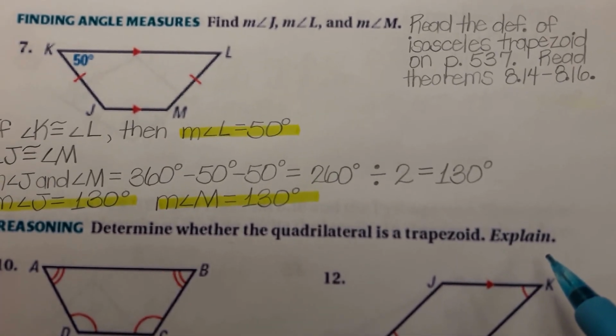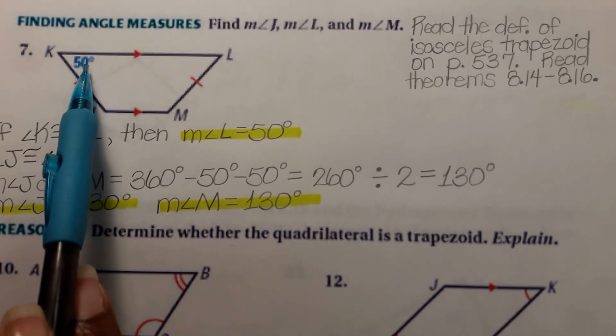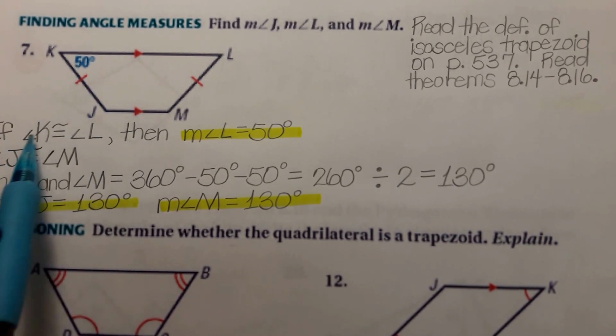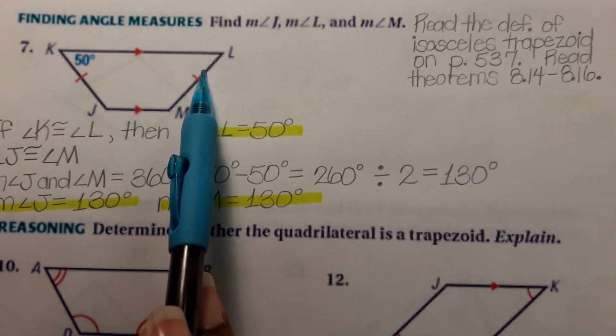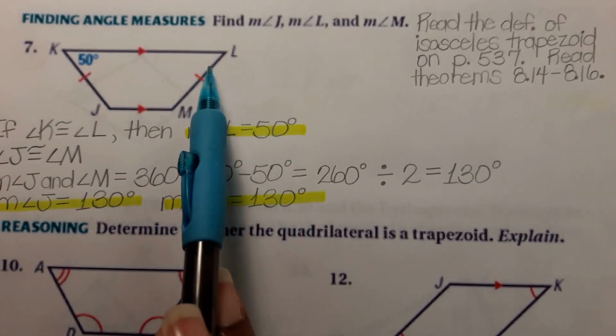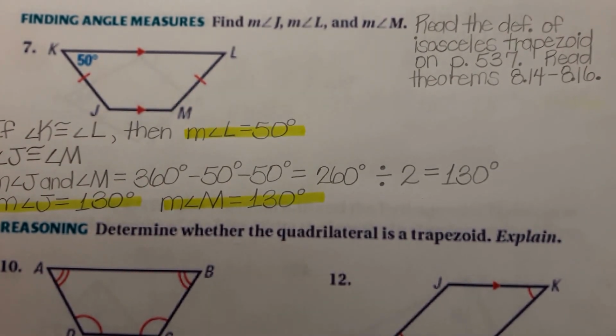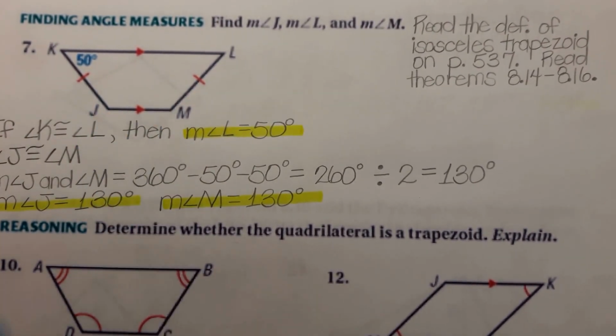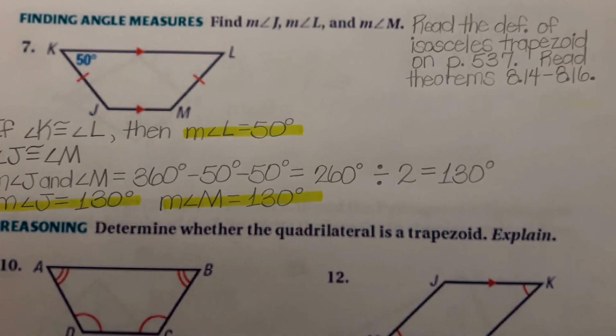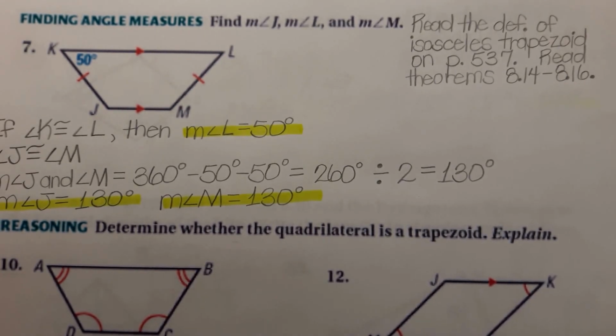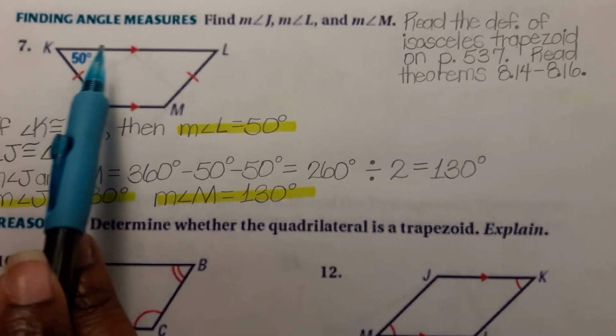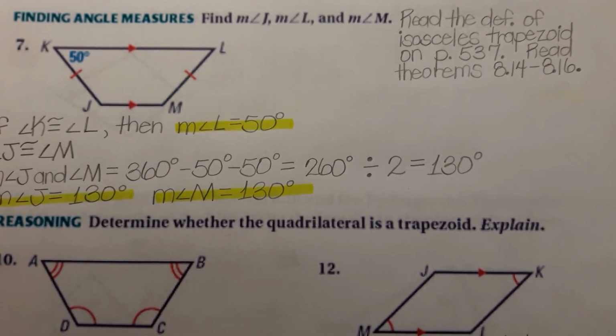So if you look at number 7, if angle K is congruent to angle L, then the measure of angle L is 50 degrees. Angle J is congruent to angle M. Now the definition of quadrilateral says that my interior angles equal 360.